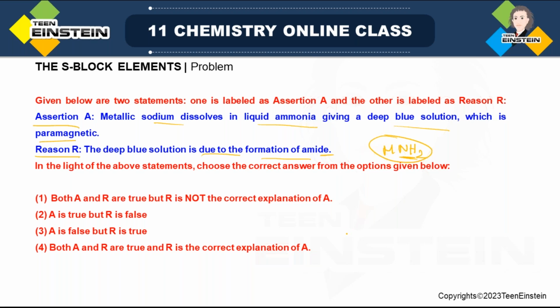No. The blue solution is because of the absorption of this single unpaired electron in the visible region. Okay, so this cannot be the correct reason for the assertion. Deep blue solution, it is because of some other reason, not because of amide formation. So A is obviously correct, but the other statement is not correct. Okay, A is true, R is false. The reason is different.